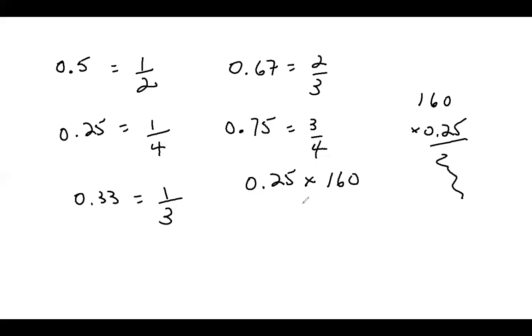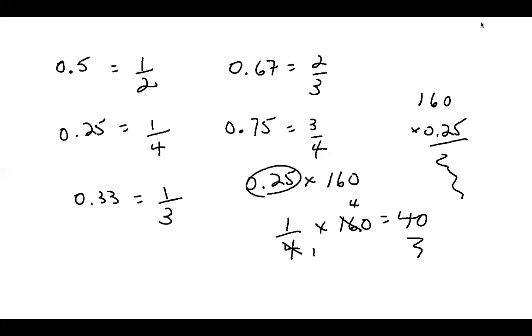No, forget that. That's too much time. 0.25 is 1/4. So we have 1/4 times 160. 4 goes into 4 once. 4 goes into 16 4 times. So our answer is 40. So it can be helpful to change those easy decimals into easy fractions.